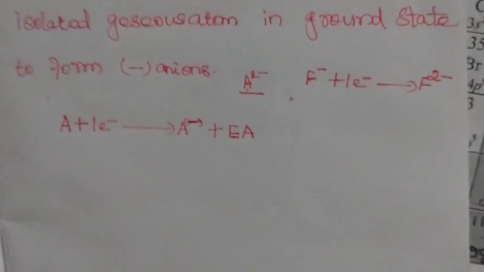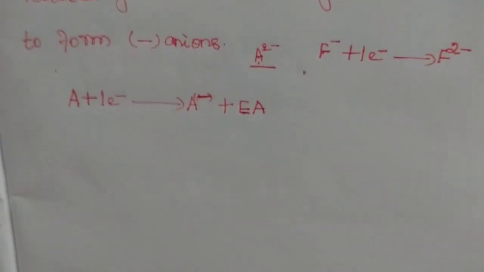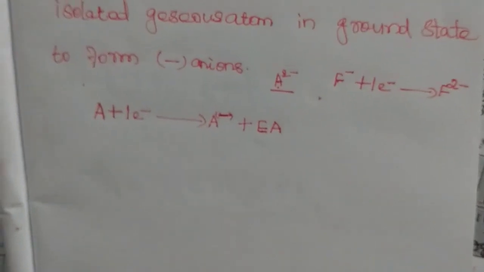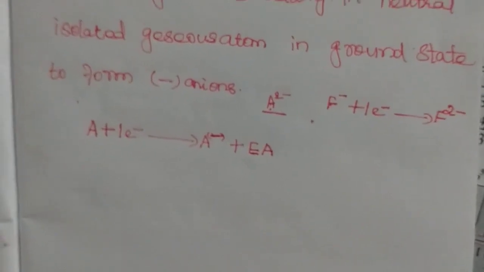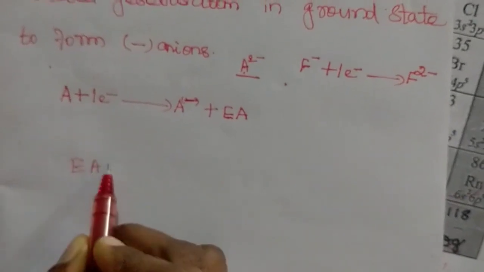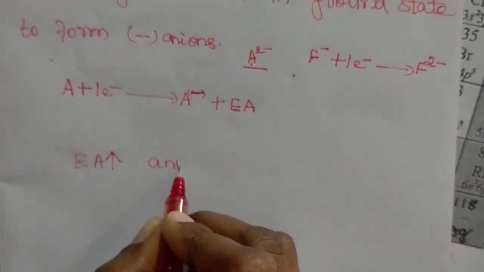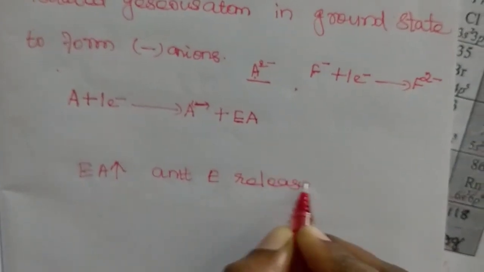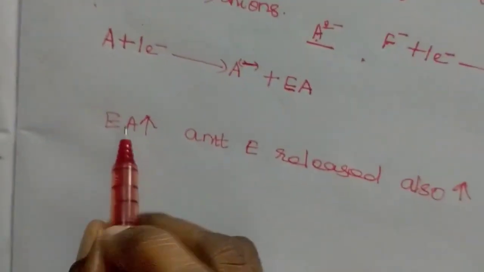So you have some variation in the electron affinity in a period, as we move from the alkali metals to the halogens. If you move from left to right across the period, you can see the electron affinity is increasing. Electron affinity increasing means the amount of energy released is also increasing.